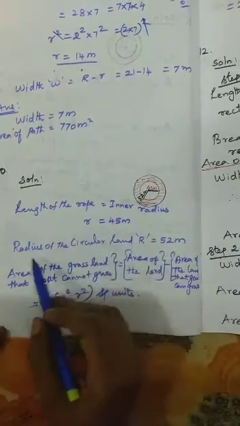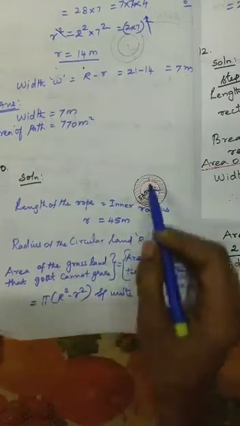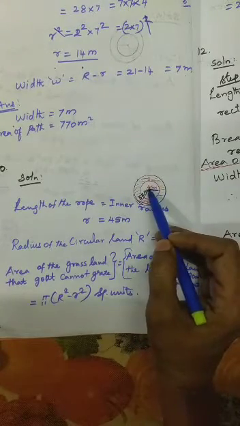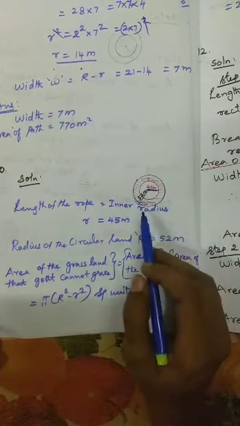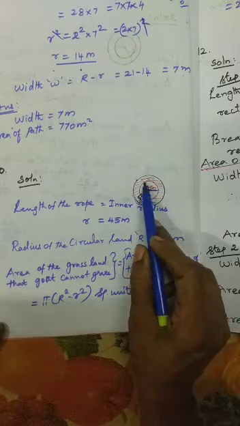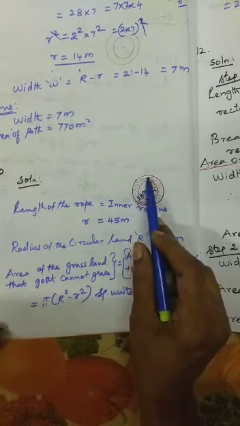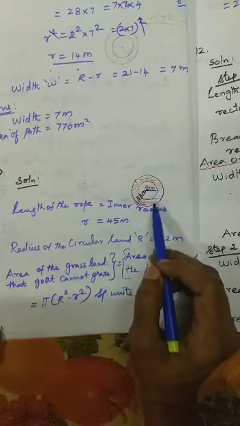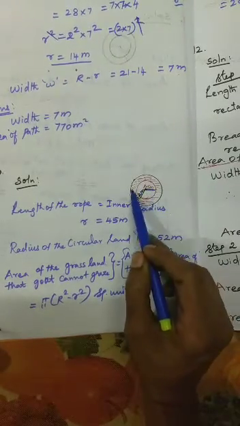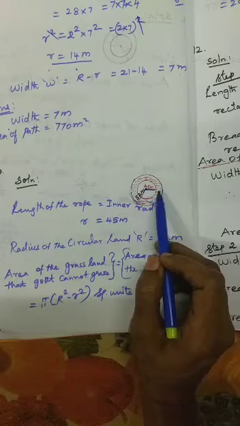Then the radius of the circular land, the full circular land, is capital R, that is 52 meter. Here the goat can graze this area, isn't it? We have to find the area the goat cannot graze. That is the pathway. This pathway the goat cannot graze.